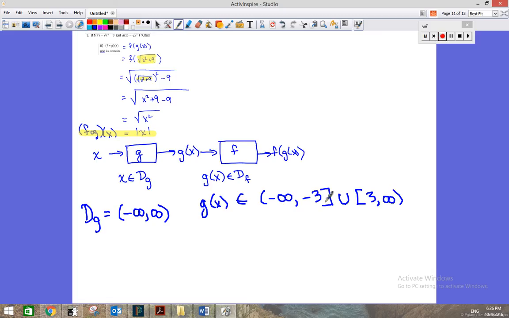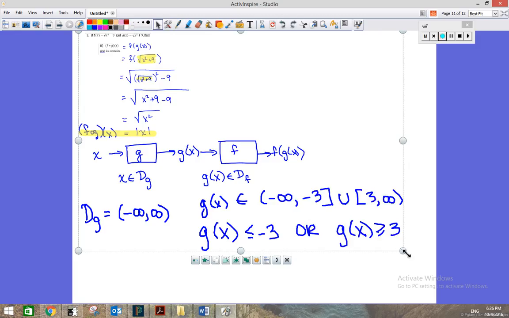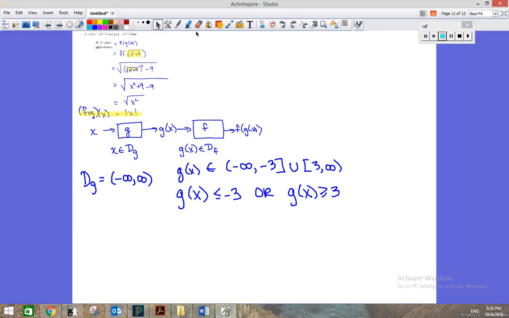This first interval is saying that g of x has to be less than or equal to negative 3. We have this union, or we have g of x has to be a number that's 3 or larger, bigger than or equal to 3. What is g of x? Well, g of x was this radical, the square root of x squared plus 9.